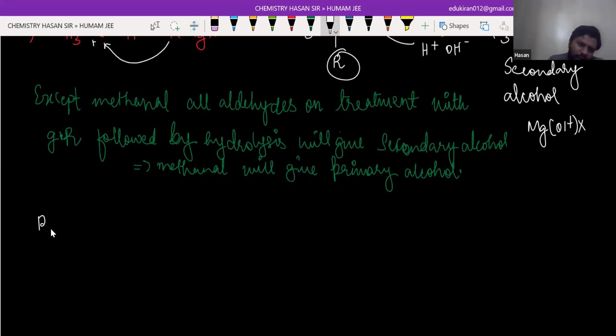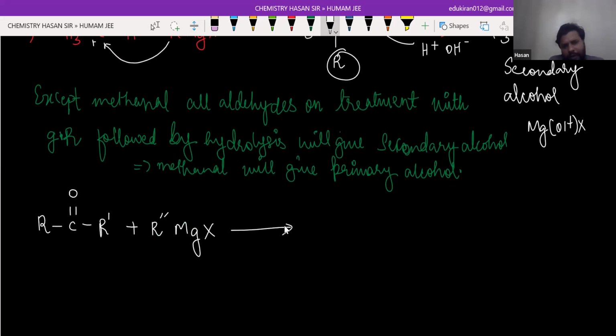And then come to the ketone and do it by yourself, following the same mechanism. You can take R dash here and R double dash here, so as not to be confused. Do the same thing, you will get it.